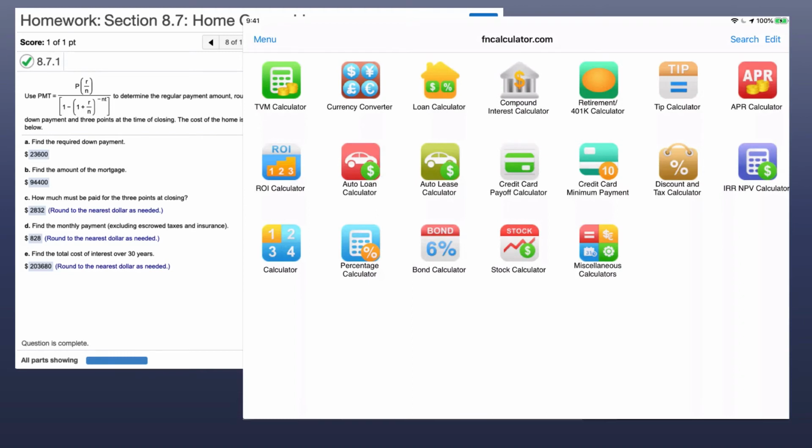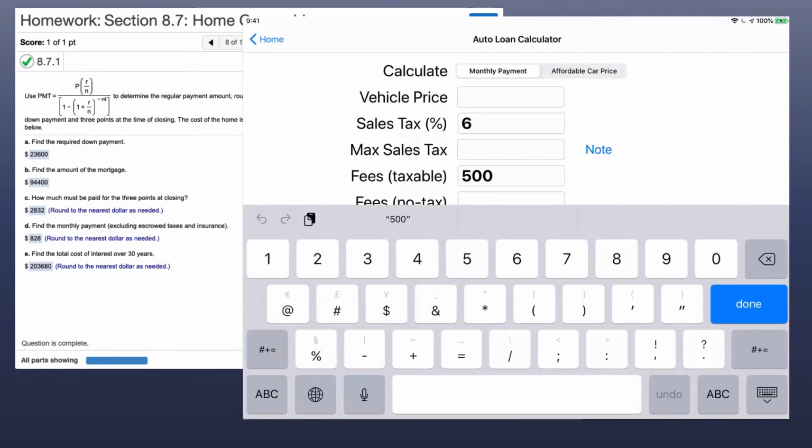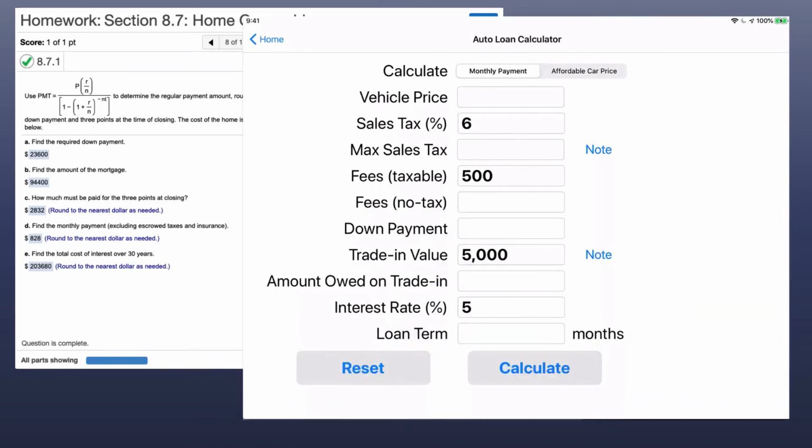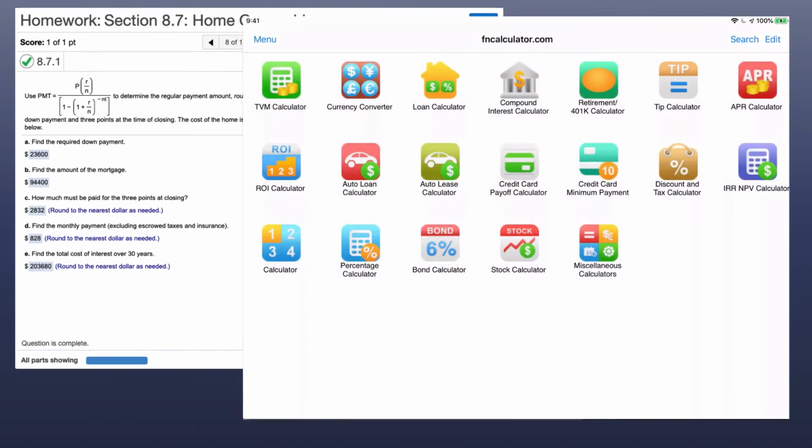So they do have an app specifically for auto loans. And it's kind of nice. It gives you a whole lot more options. And in fact, you can even put a trade-in value. So like, hey, my trade-in was $5,000 for my trade-in and all that. And it calculates everything for you.